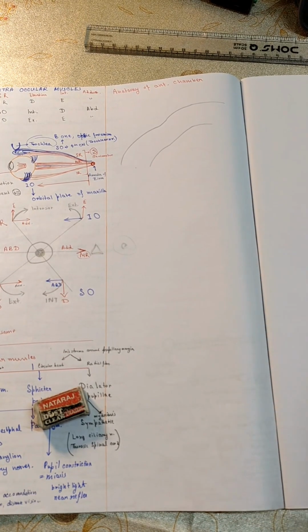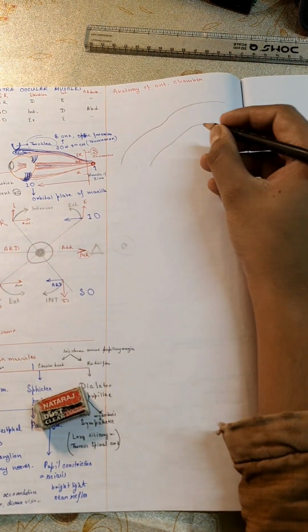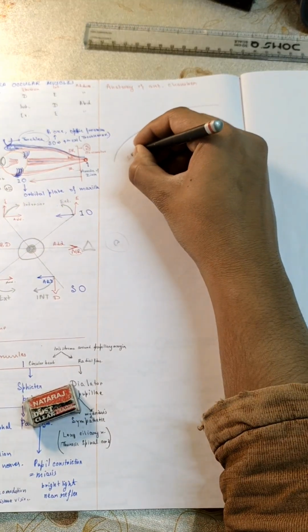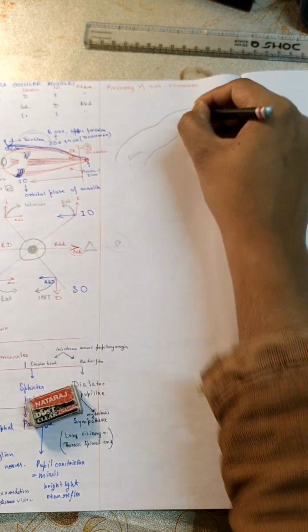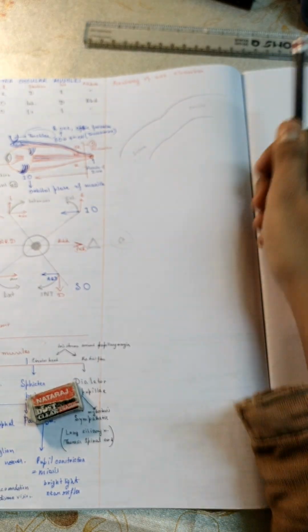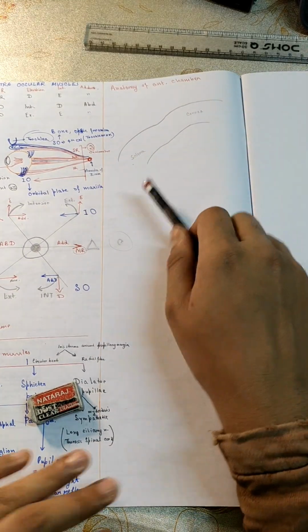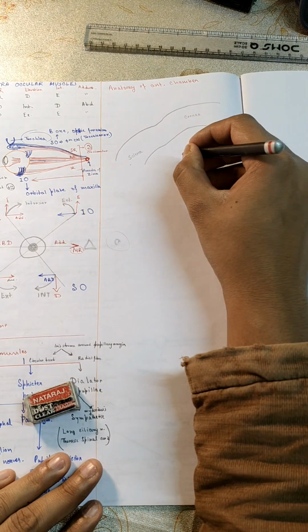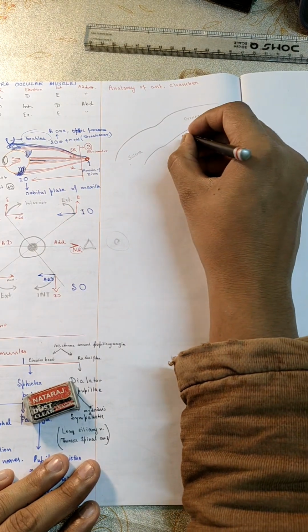About the anatomy of anterior chamber. So if it is sclera and it is cornea. Okay, next what we have here, we have to make the thing.